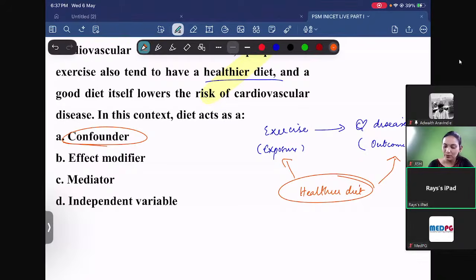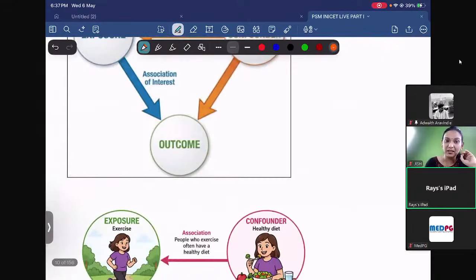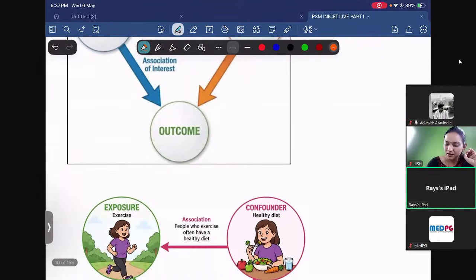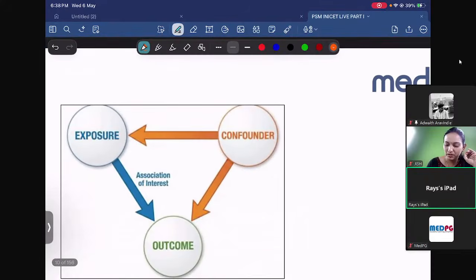Now let's see the three factors, or criteria, to call a variable a confounder. See here, this is the example we told. You have an exposure, you have an outcome, and you have a confounder. To call a variable a confounder, the variable has to satisfy three criteria. The first one is that this third variable must be an independent risk factor for the outcome.